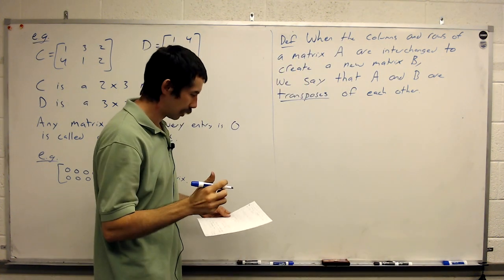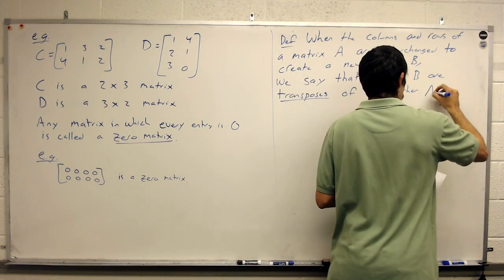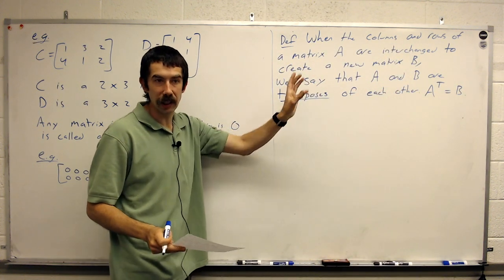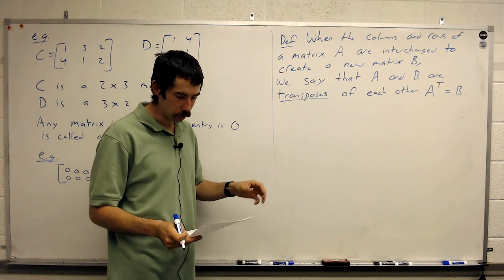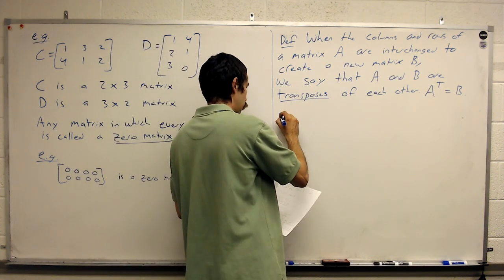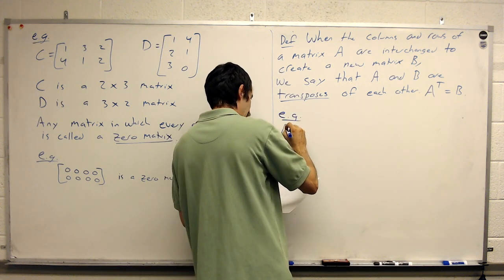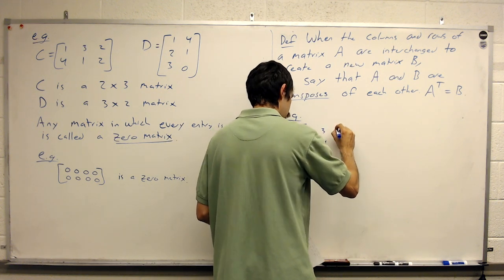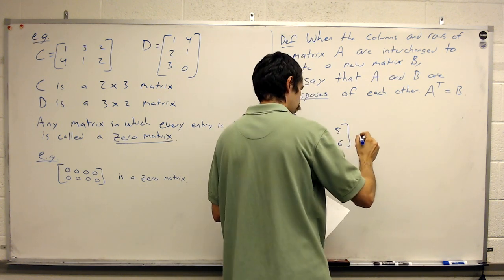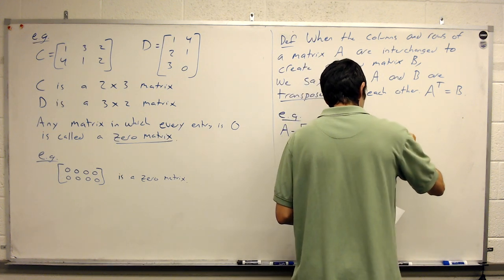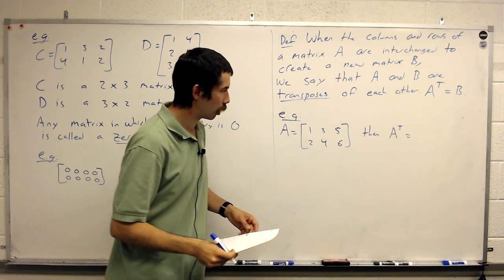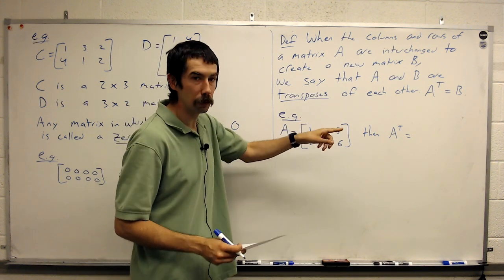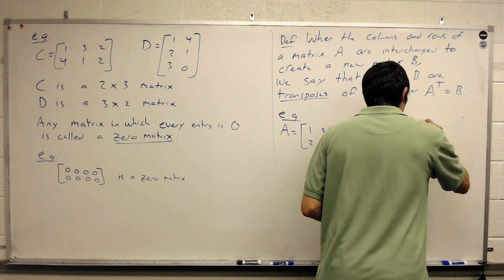All right, and we write this capital T that looks like an exponent, is saying we're taking the transpose. All right, so for example, if A is the matrix 1, 2, 3, 4, 5, 6, then A transpose, the first column of A is 1, 2, so the first row of A transpose is going to be 1, 2.